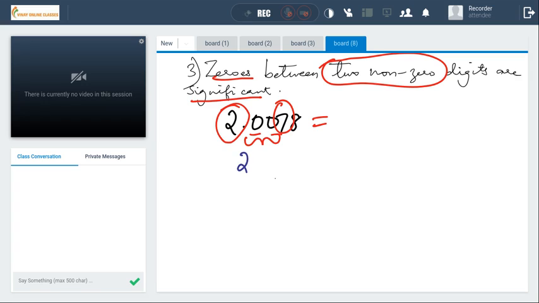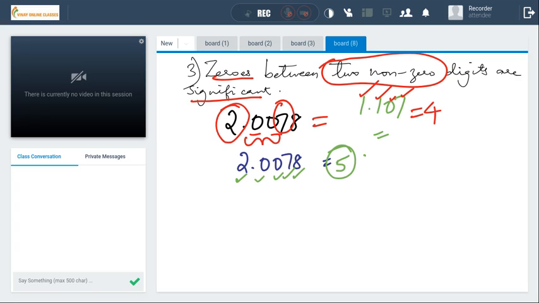So the number of significant figures in 2.0078 is 1, 2, 3, 4, 5. Easy? Next, if I say 1.107, the total number of significant figures is 1, 2, 3, 4. We count this 0 because it comes between two non-zero digits. Okay?